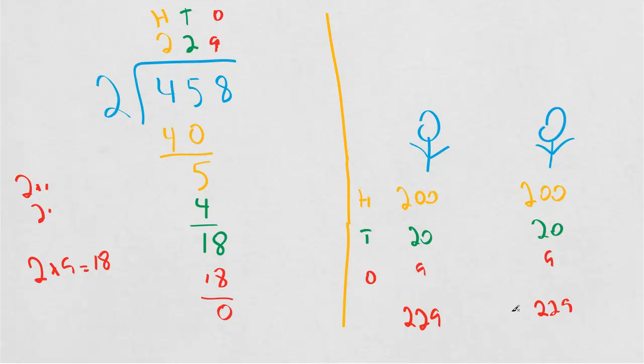And in total, these guys received 458. So you see how that works? What we did was we started big, hundreds, tens, ones, and we worked our way down, and we ended up with 229. And that's really the beauty of long division, is that concept of going big to small.